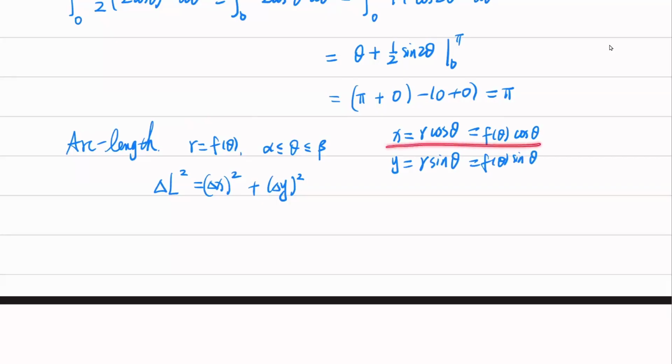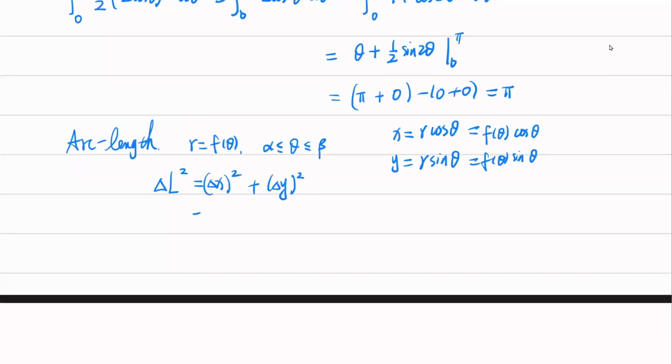So we have this x and y, and we are going to plug this into the formula. It looks very complicated: the derivative of f(theta) cosine theta, squared, plus the derivative of f(theta) sine theta, the whole thing squared.